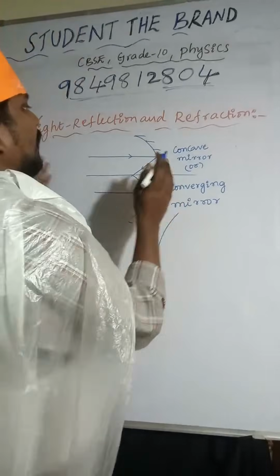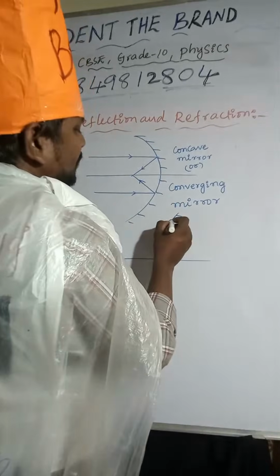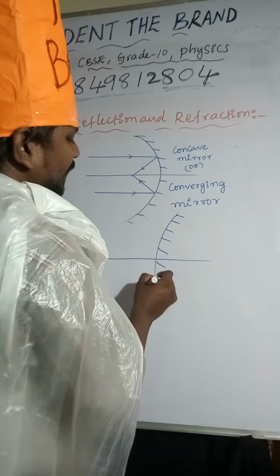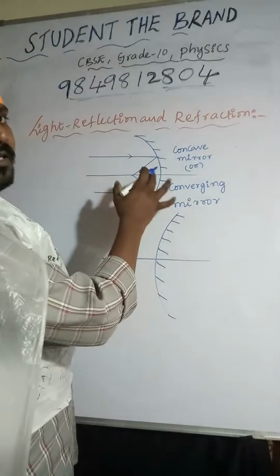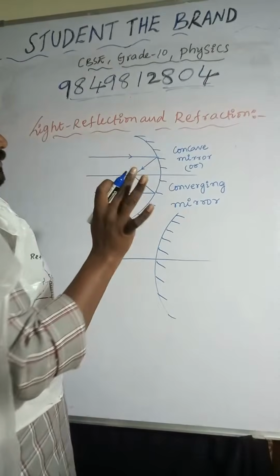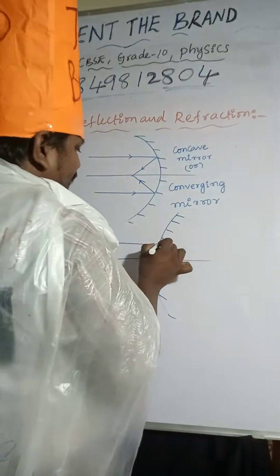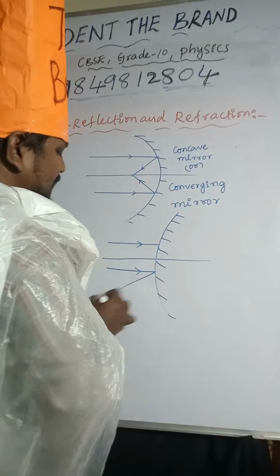Sir, why are you calling concave mirror a converging mirror and convex mirror a diverging mirror? Because whenever light rays are incident on a concave mirror, after reflection the light rays move towards the principal axis. Here you can observe, after reflection, those light rays are moving away from the principal axis.